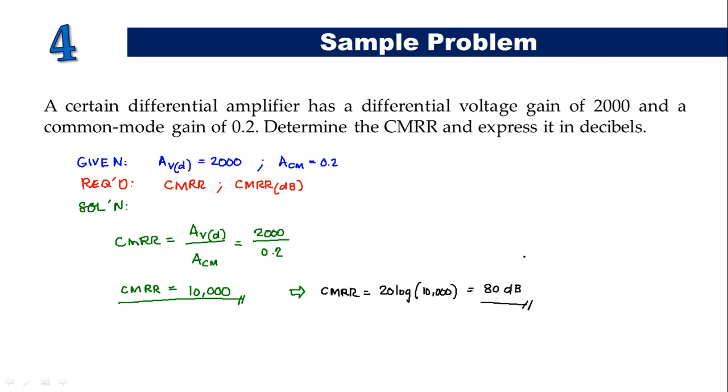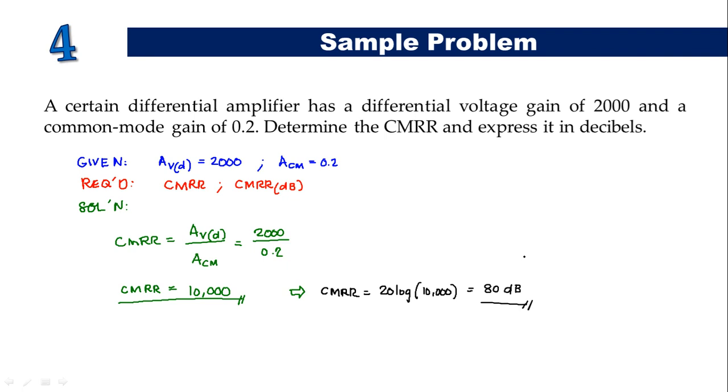So, ano ibig sabihin yan? A CMRR of 10,000, ibig sabihin yan, pag meron tayong input signal, yung ating desired input signal will be amplified 10,000 times more than yung ating unwanted noise, di ba? So, ganun kalayo yung difference.